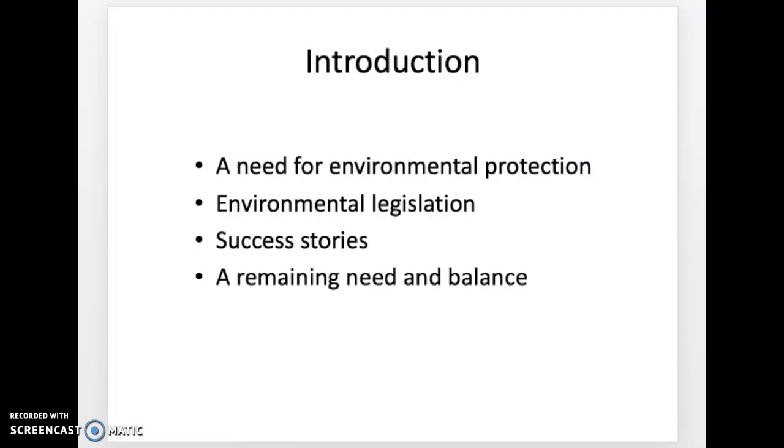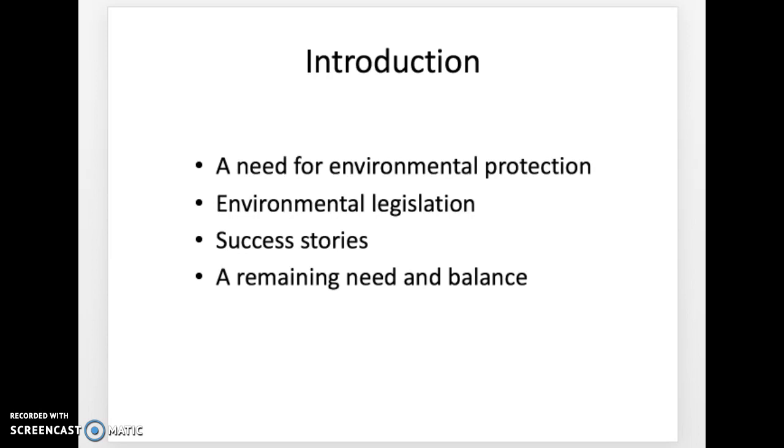So in this one, I'm going to discuss a little bit about the need for environmental protection. We'll go over the history, some of the historical problems associated with natural resource degradation and pollution. We'll talk about environmental legislation, which has emerged from these problems, and some success stories.